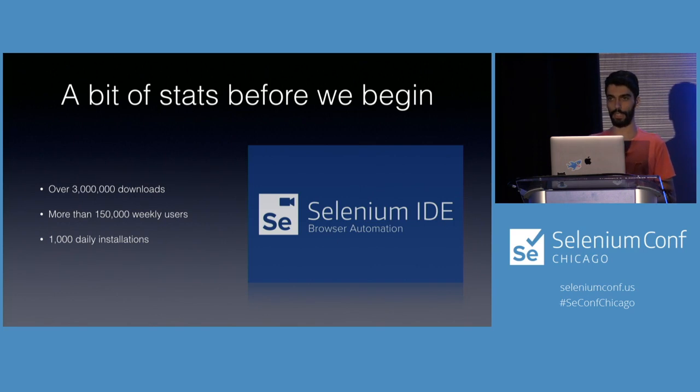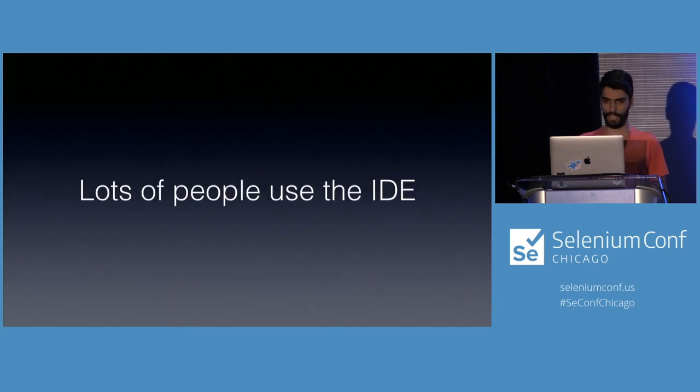And we expect that the better the new IDE gets, the lower that number is going to become. So regardless of what idea you have of the IDE now or before, still lots of people use it, and it's our job to make sure that that IDE is the best that it can be.